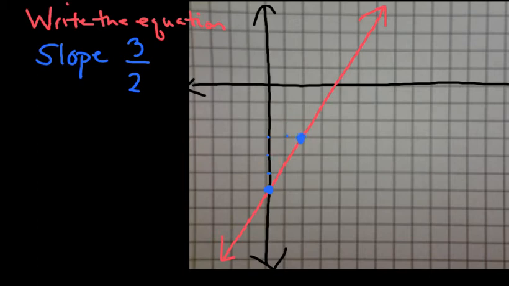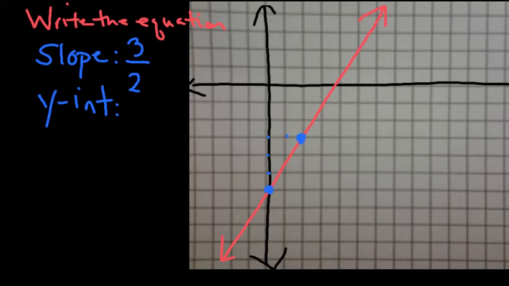Now, what else do I need to write the equation? Well, I need the y-intercept. Well, what does y-intercept mean? Y-intercept means where the line crosses the y-axis. Here's our line. So where is it crossing the y-axis? Well, it's crossing the y-axis at, let's see, negative 2, 4, negative 6.